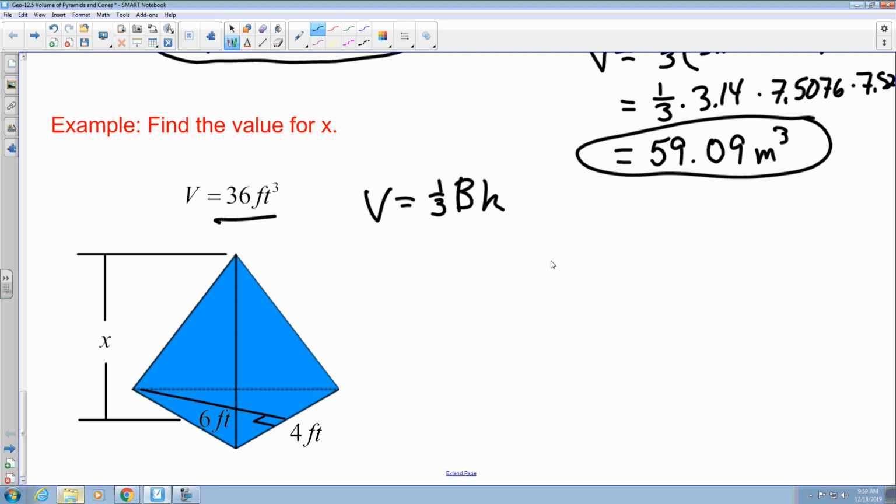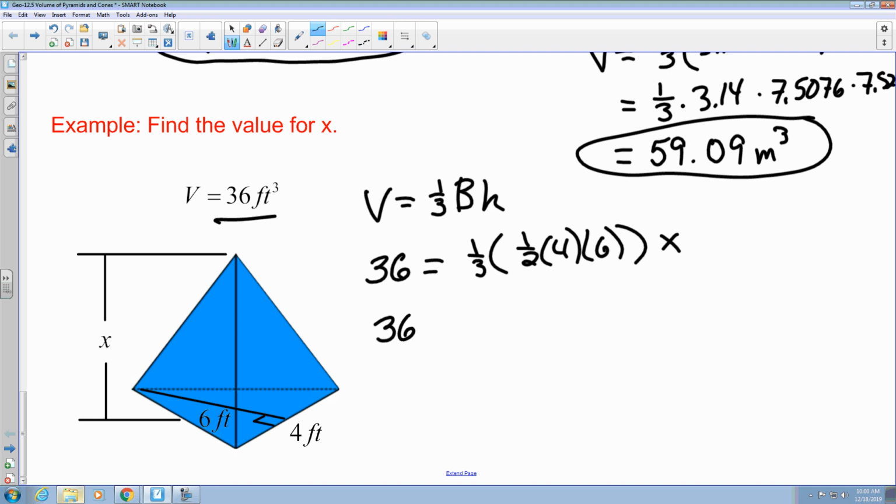So this is going to be V, 36, is equal to 1/3 times the area of a triangle, which is 1/2 base, which is 4, times the height, which is 6 in this situation. And then it gets multiplied by the height of the pyramid, which we don't know, and we're calling that x.